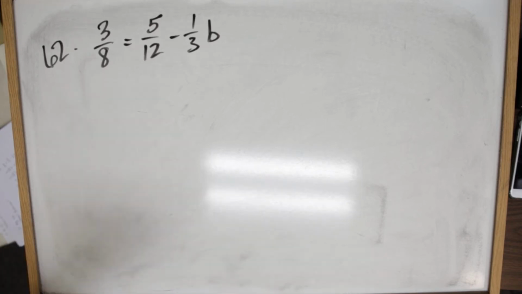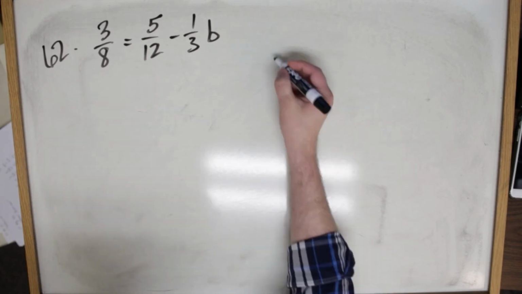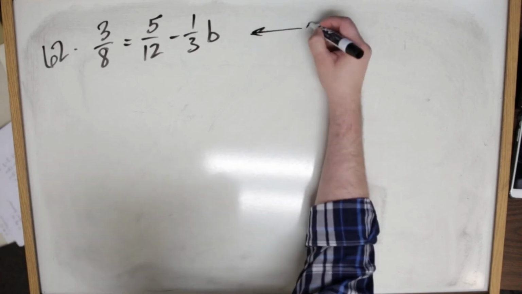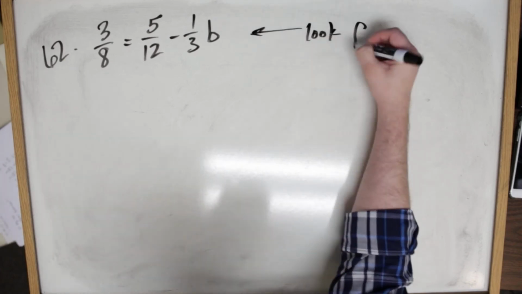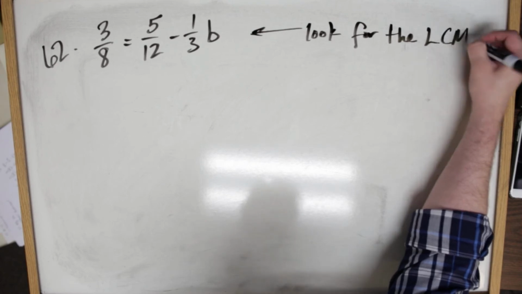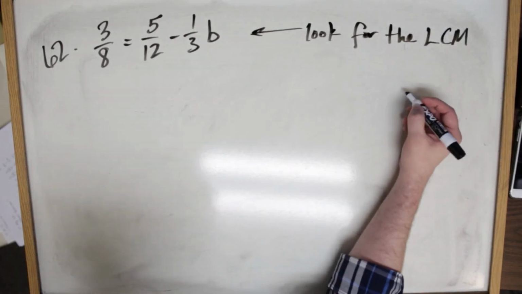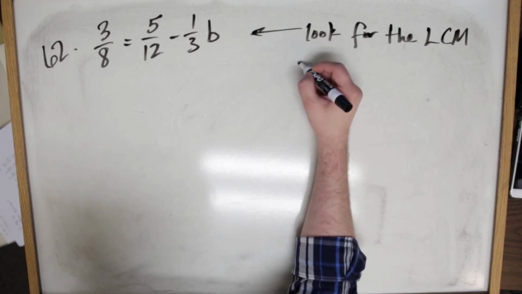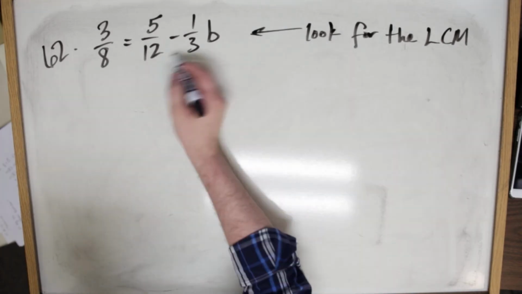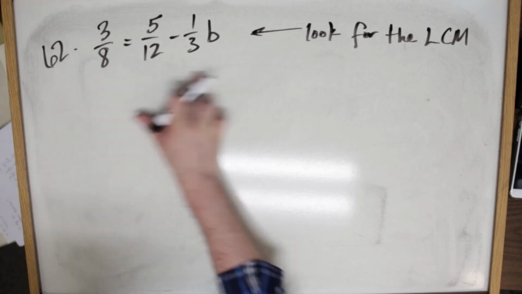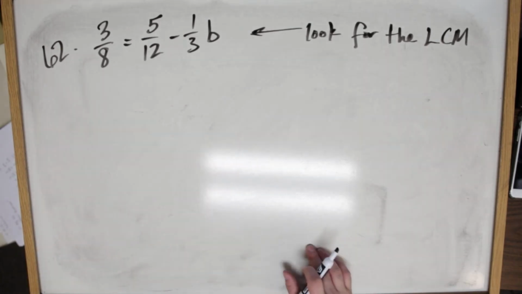Okay, so that number is important. The trick is you have to look for the lowest common multiple. So you multiply 3 out a few times to see which one is going to work, but the truth is you have to figure out which is going to work among all of these numbers.